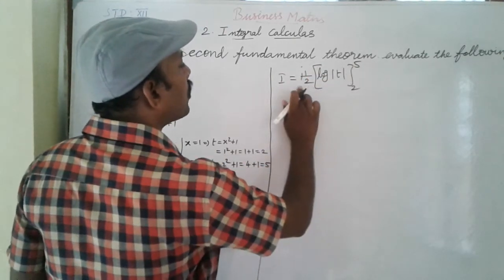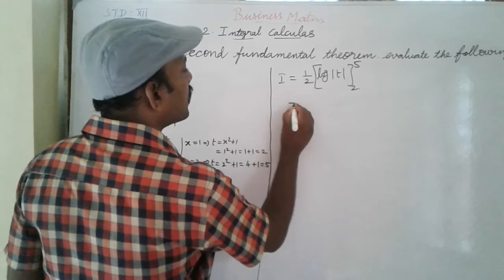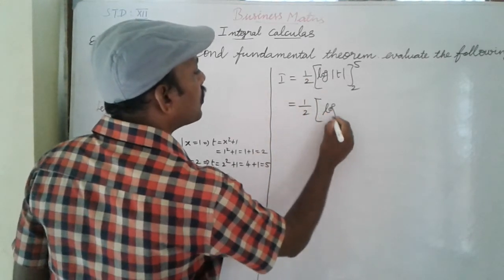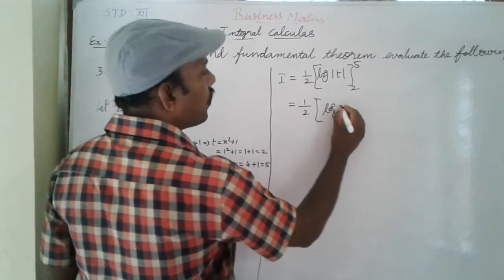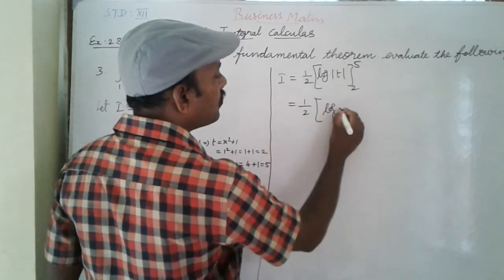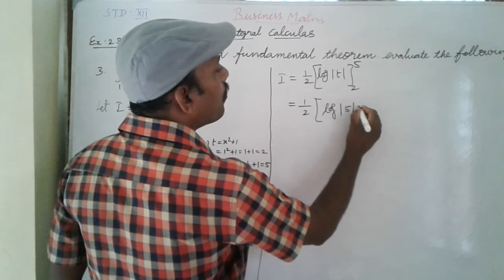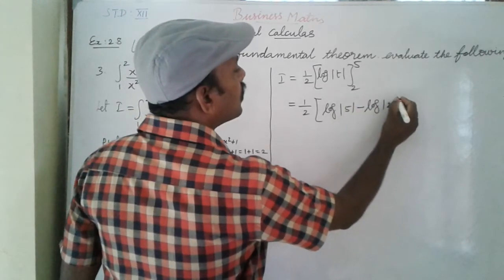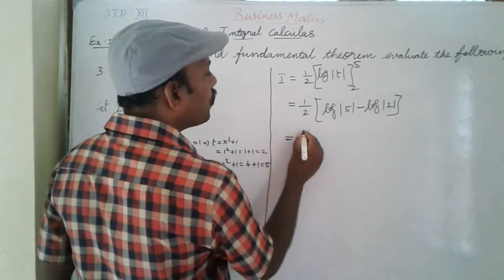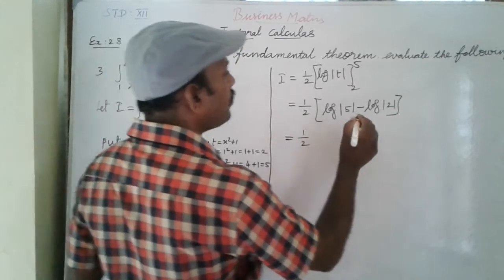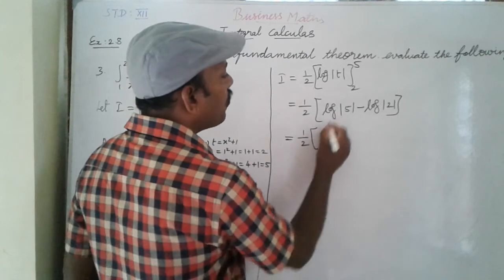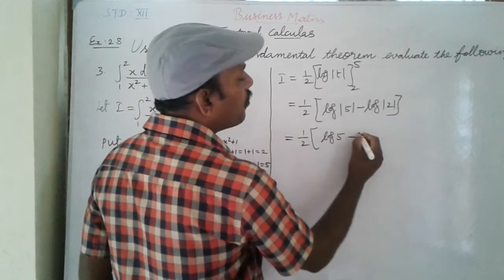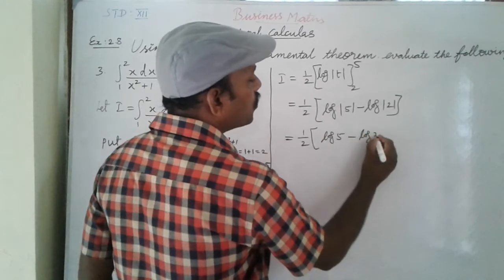We should substitute now. That is equal to 1 by 2. Substitute the limit: log of modulus of 5, the first limit t value, minus log of modulus of 2. So that is equal to 1 by 2 of log 5 minus log 2.